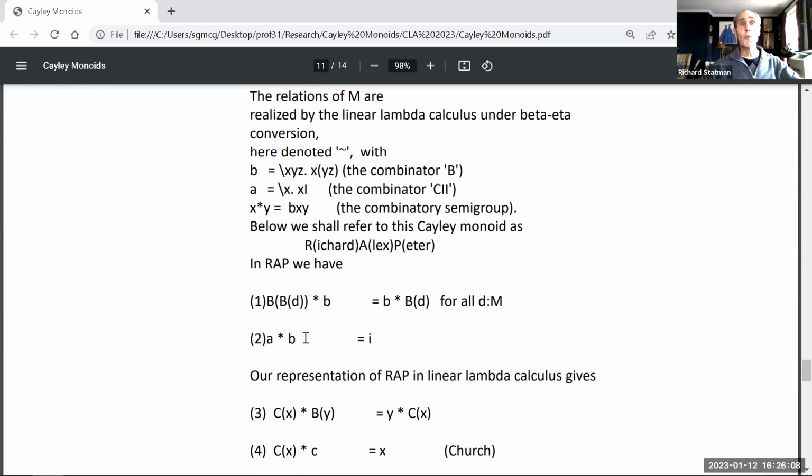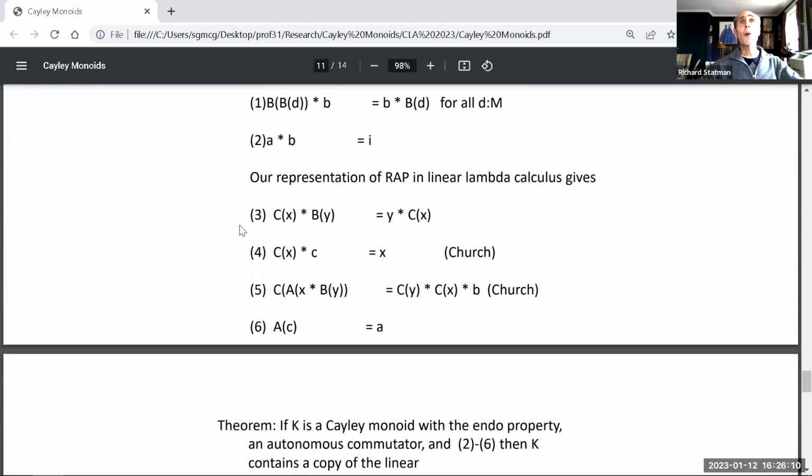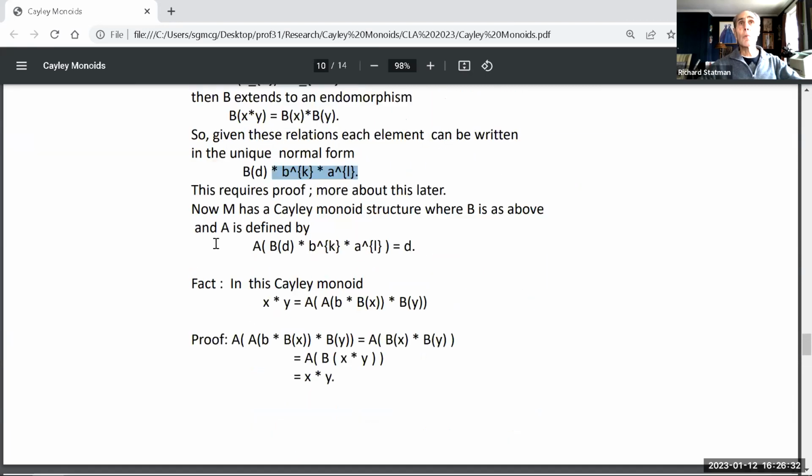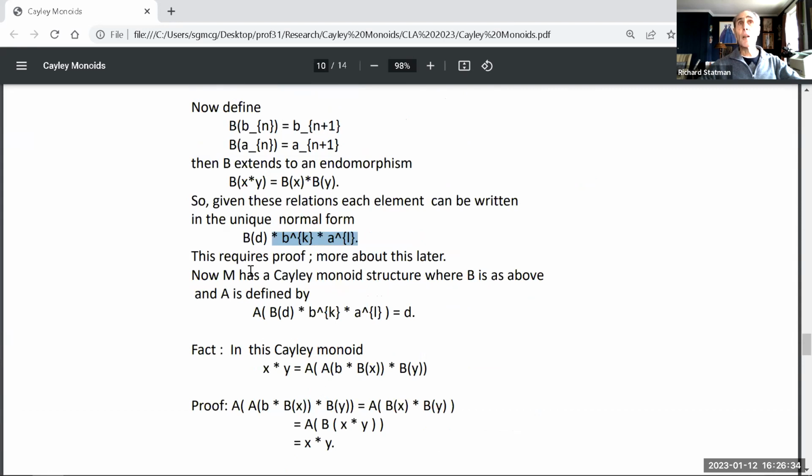A is a left inverse for B. Now, if we go on and look at our representation of RAP in the linear lambda calculus, we also get the following. These are indeed true axioms of linear lambda calculus that are not realized in this monoid.